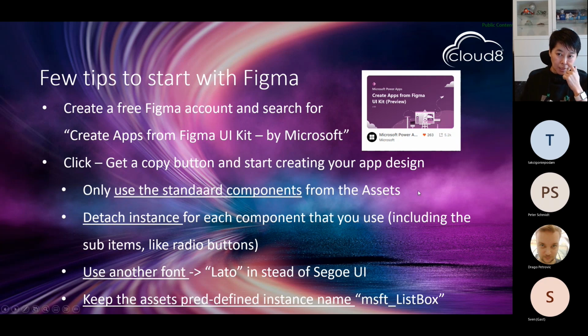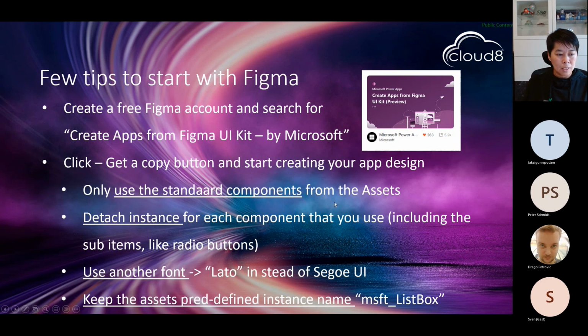A few things that I faced when trying Figma out and importing it into Power Apps: it wouldn't say what is going wrong, what wouldn't work, or what the issue is that it's not importing to your app. So there are a few things that I have found out.